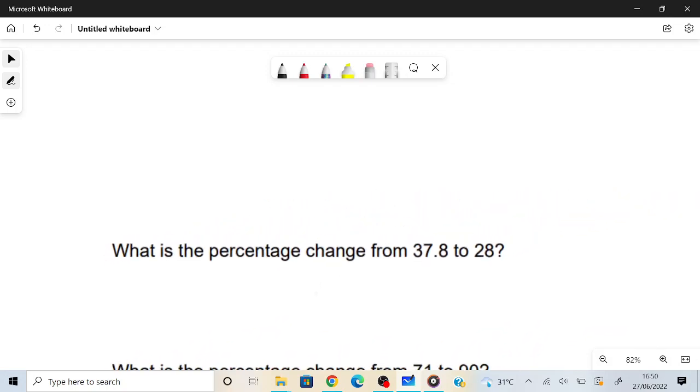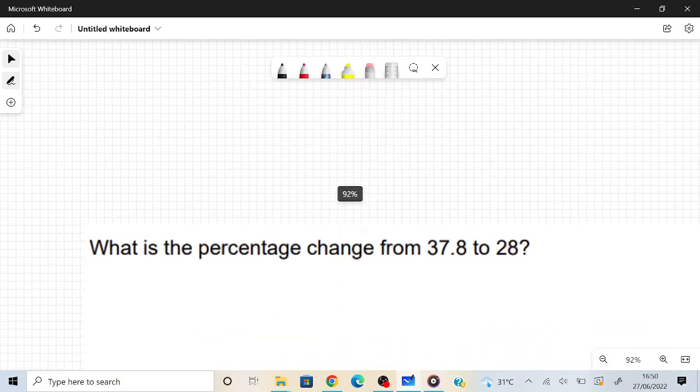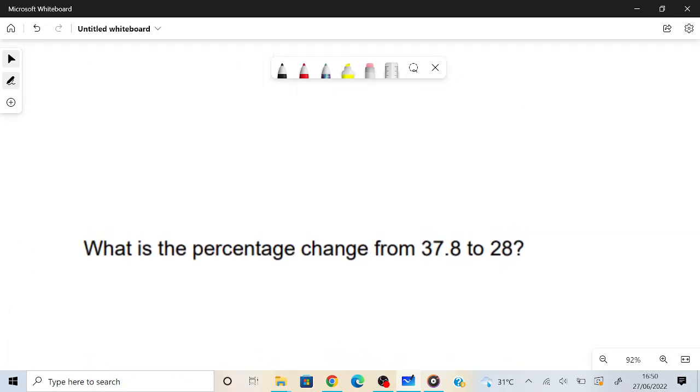Right, so this question, let's zoom in a bit. It says, what is the percentage change from 37.8 to 28? Now this brings a key formula that you should know.